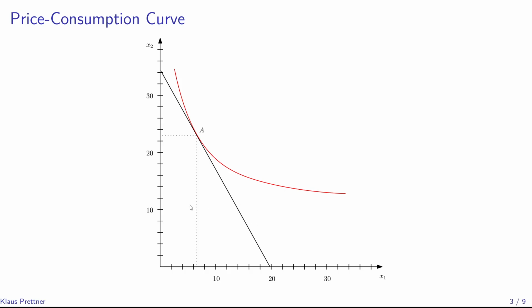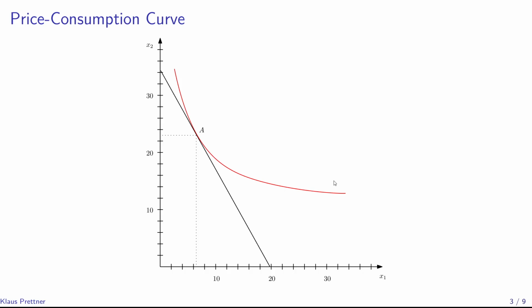To the left are all the possible combinations of the two goods that are feasible with the budget of the consumer and the given prices, while on the right we have all the consumption bundles that are not feasible given the prices. The slope of the budget line is again, as before, the negative price ratio, and it shows how much of good 2 I have to forego when I want to consume more of good 1.